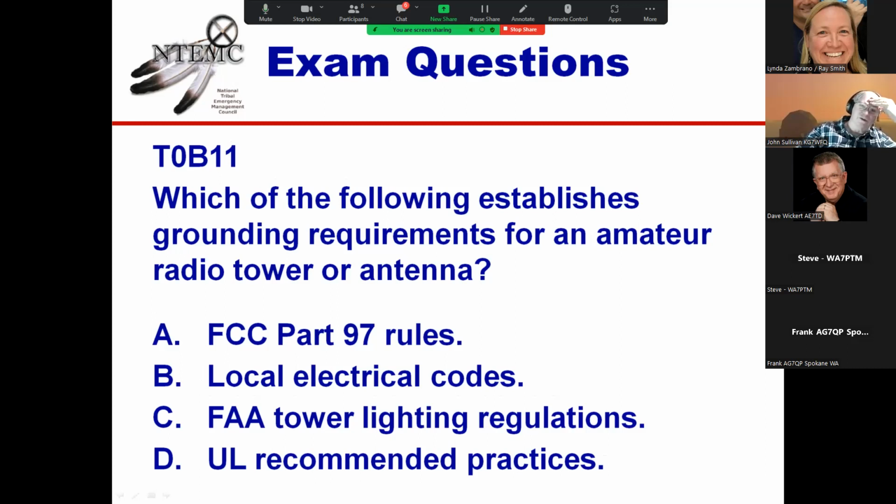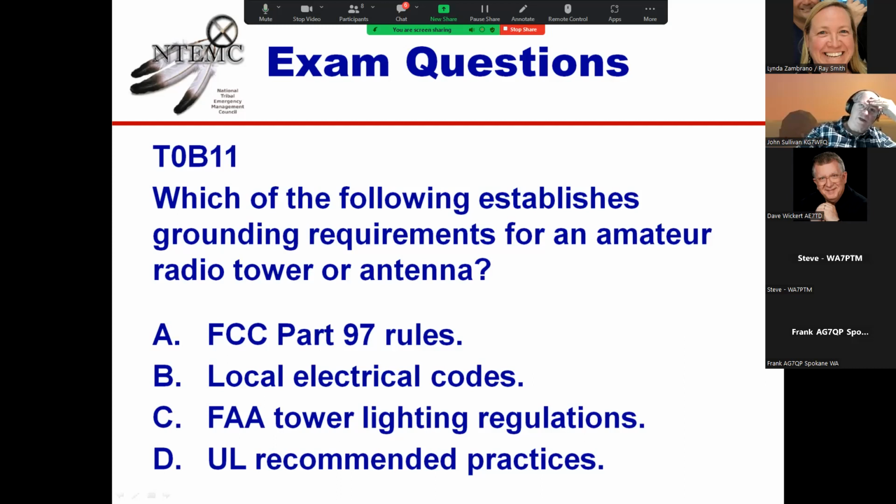That doesn't have anything to do with grounding requirements. UL, we see a lot of UL Underwriters Laboratories certifications on things electrical, and they may have practices, but that's not what controls what you're required to do. What you're required to do is determined by your local electrical codes.